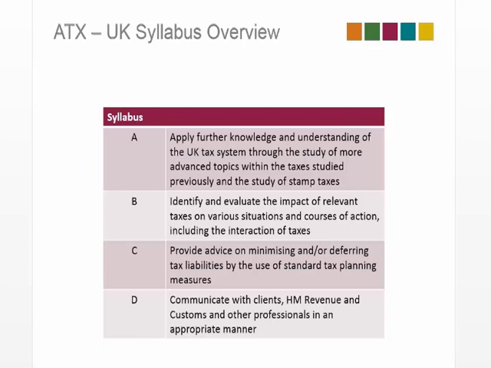What I think makes this a really interesting paper is that your questions will give you a real-world scenario. Perhaps somebody who's thinking about setting up a business. Perhaps somebody who has received a large inheritance and is thinking about what to do with their money.